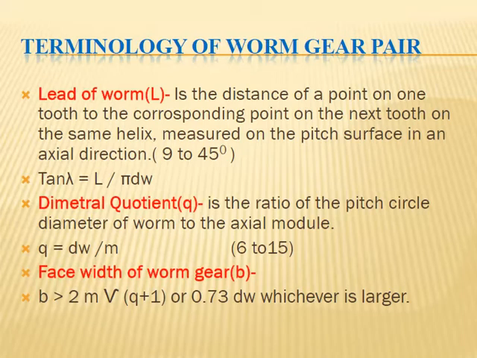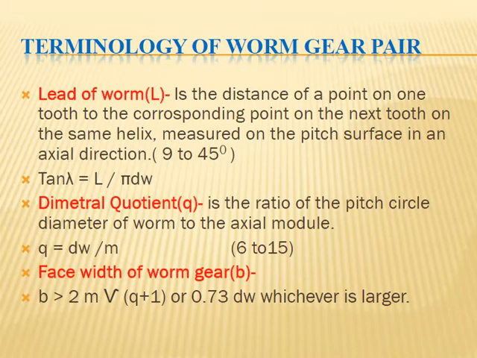Keep in mind the face width is not 10 times the module. Here face width has a different value, and the value is a comparison between two: 2 module into square root of Q plus 1, or 0.73 into dw. Whichever is the larger value, we have to select for b.